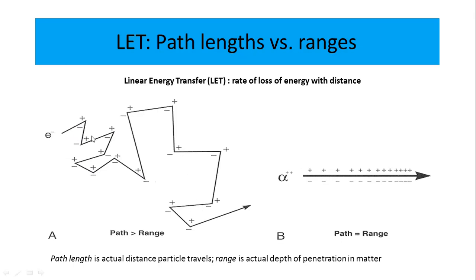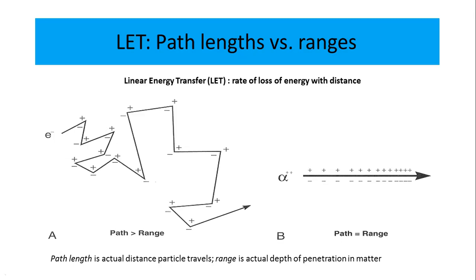This is called the path length of the particle. That means path length is the actual distance the particle travels from this point to this point. So this is the path length.